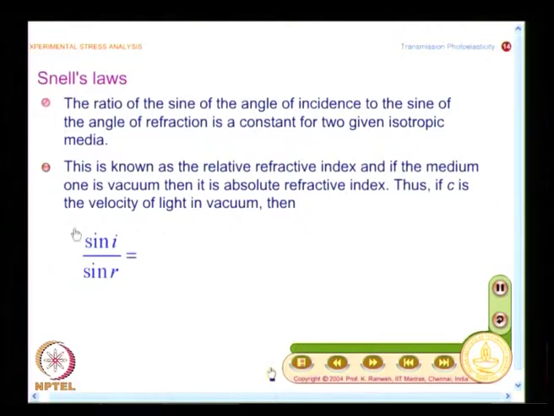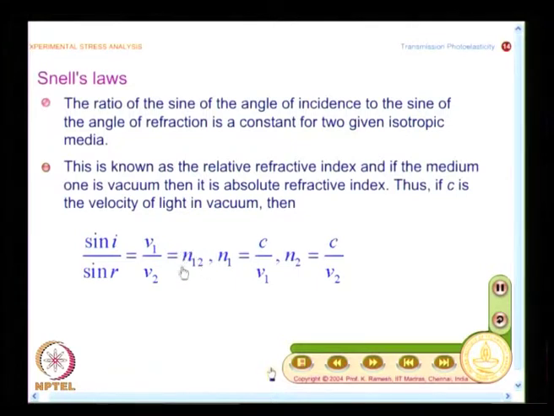If the medium is air, you will call this a relative refractive index, and the symbol small n is used. You should not confuse this with your direction cosines, where we also use n1, n2 and n3; here it denotes the refractive index.